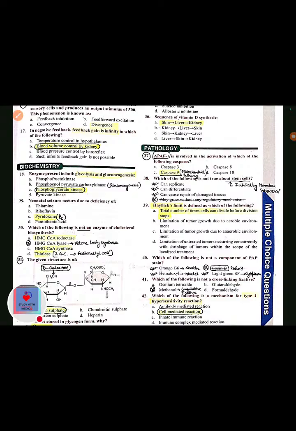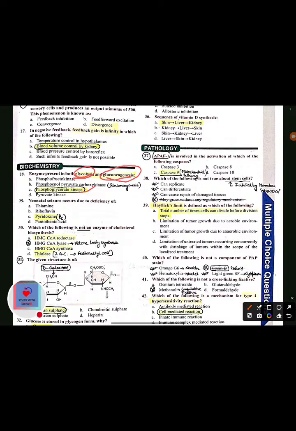Enzyme present in both glycolysis and gluconeogenesis is phosphoglycerate kinase. It is present in both.